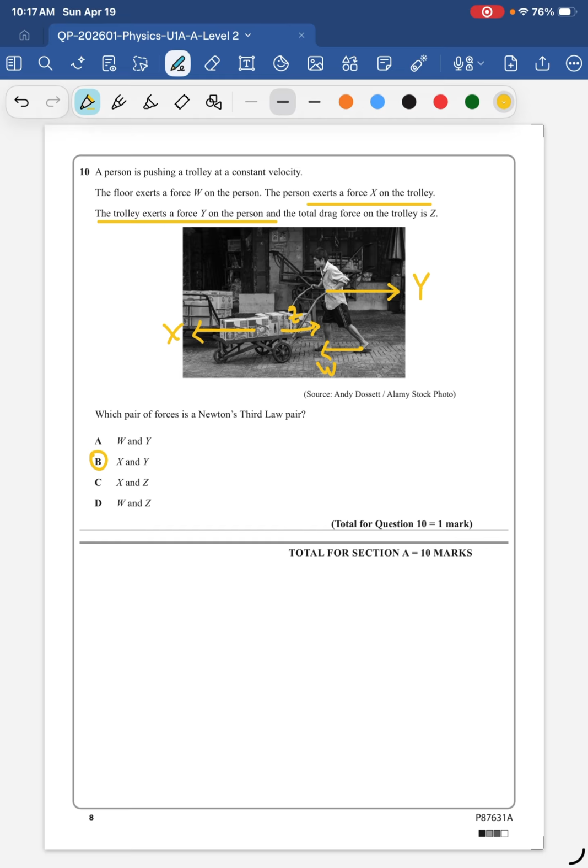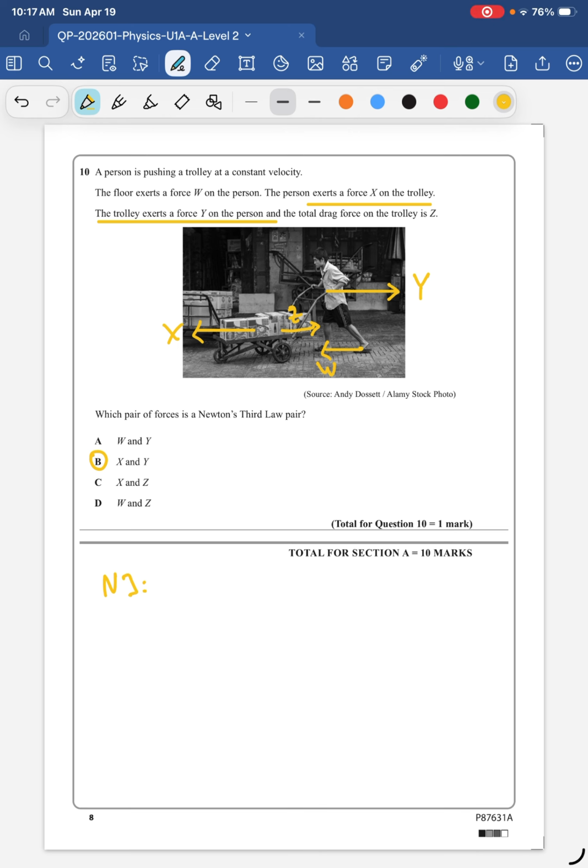Why is that? Because you have forces that have the same type and act in opposite directions on two different objects. Okay, so B is the correct answer. So I'm gonna repeat it here.